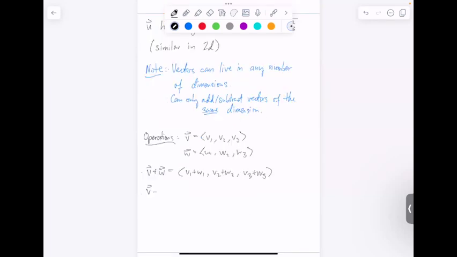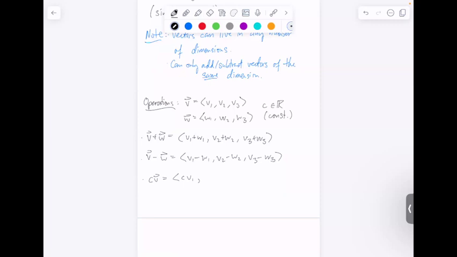Similarly, subtraction is V1 minus W1, V2 minus W2, V3 minus W3. And if c is a constant, then cV is none other than the vector that results when you just multiply component-wise. So V1 becomes cV1, V2 becomes cV2, and V3 becomes cV3.